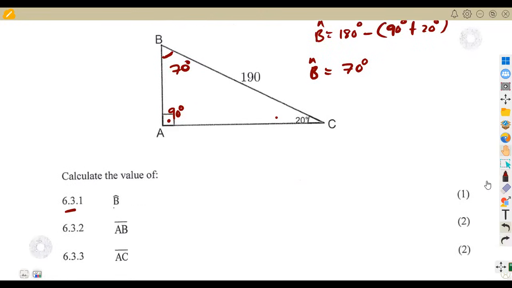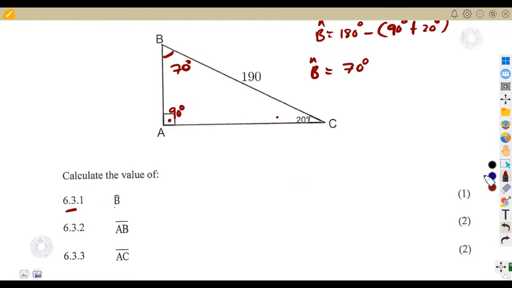Then the other part, the length of AB. This line is the magnitude, which means the length. So they want us to calculate the length of AB. According to this 20 degree angle, this is my opposite and this is my hypotenuse.